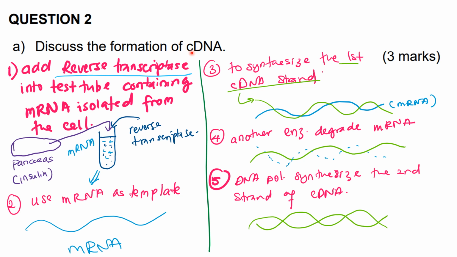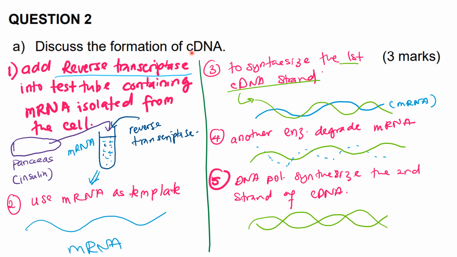You cannot insert mRNA into the plasmid. Although mRNA has a continuous codon region to produce protein, because mRNA is single-stranded, it cannot be inserted into the plasmid.